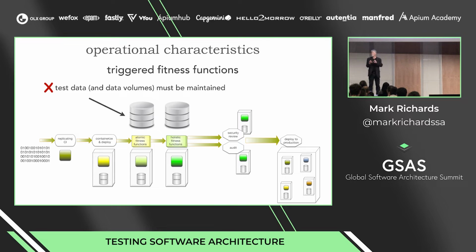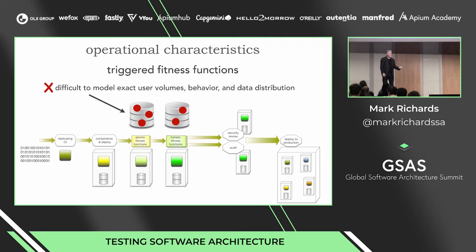But it gets even worse than that. My negative experiences with triggered fitness functions are really trying to model user behavior. Getting the appropriate level of volumes of data, the types of actions a user would take, is actually really hard. And what happens is sometimes when we're doing load testing for scalability or elasticity, we'll start to hit a particular area in the database that might not actually represent the true data distribution.